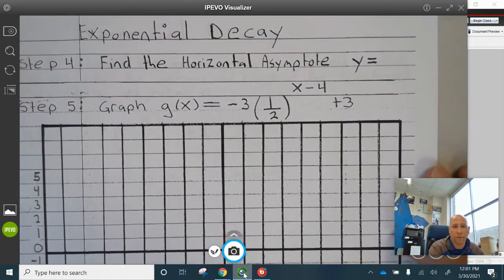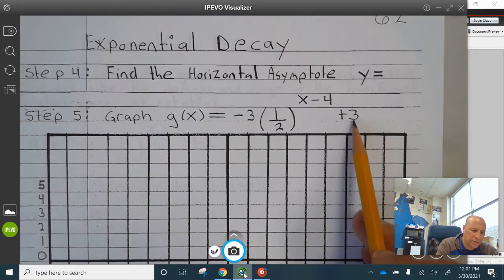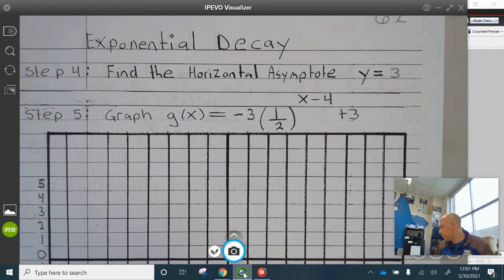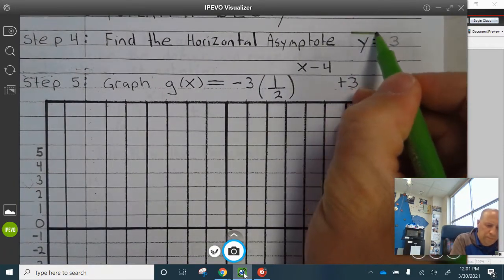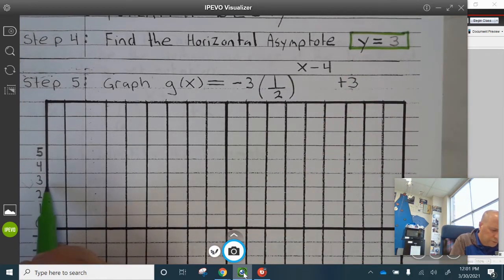Step 4. Find the horizontal asymptote. Well, the horizontal asymptote is this value right here, 3. So y equals 3. So let's graph that now.